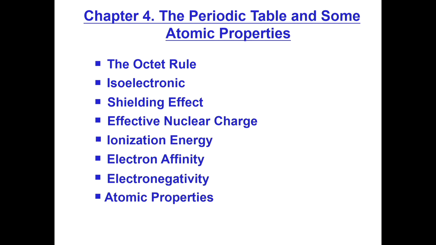We also introduced how to calculate the energy of the electrons in the atoms, and the energy difference between the orbitals. Okay, so we will continue to study chapter 4.